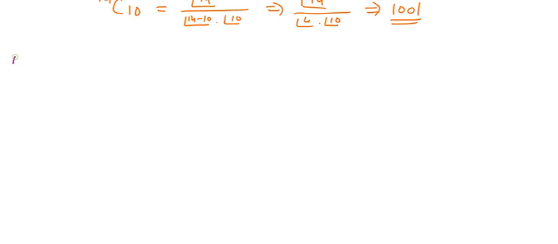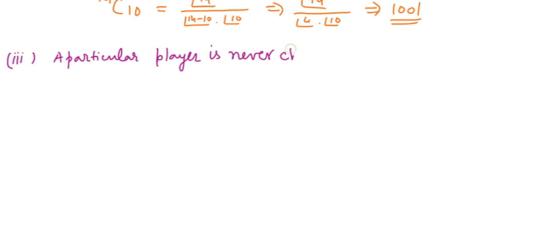In the third part, a particular player is never chosen. It means we have 15 players and we have now to leave one player.